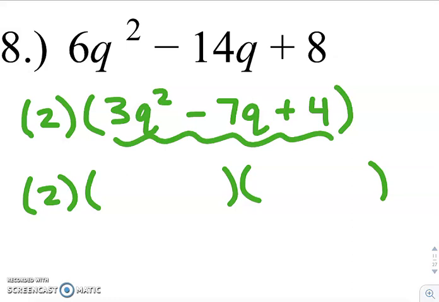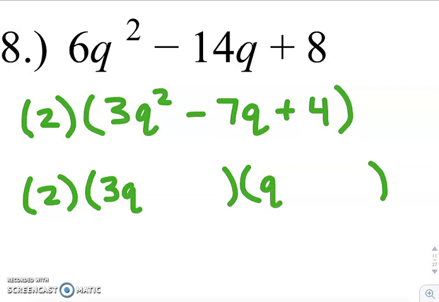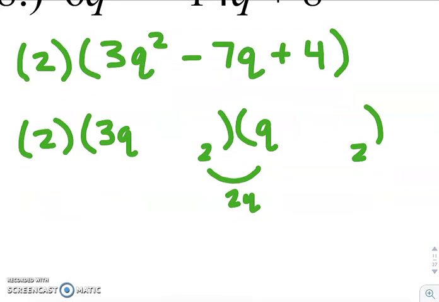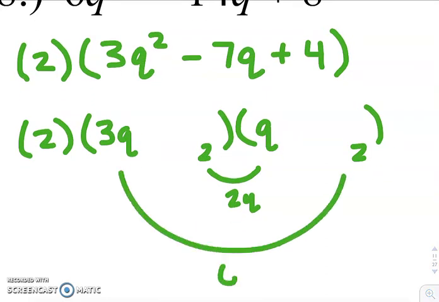So what multiplies to get you 3q squared? 3q and q. 3 times 1. What multiplies to get you 4? So let's see, 2 and 2. That would give us 2q. That would give us 6q. So 6 and 2, we can't really get to 7, so that's not going to work. And I can't just switch 2 and 2.